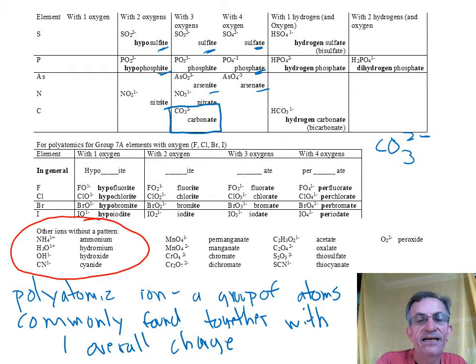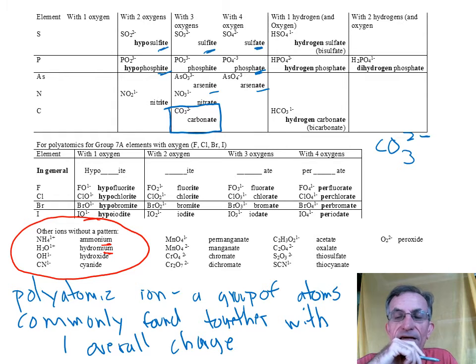There are a couple that end in IUM. They are actually ones with positive charges. So almost all of the polyatomics, if you look all around this handout, they are negative: -1, -2, -3, negative something. But there are a few that are positive. They end in IUM. Now, there's always something a little weird.